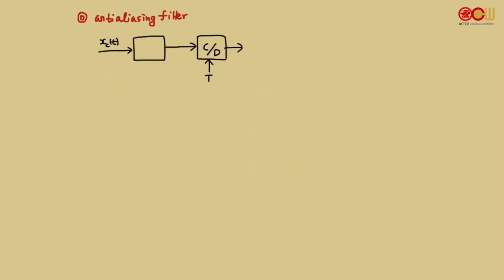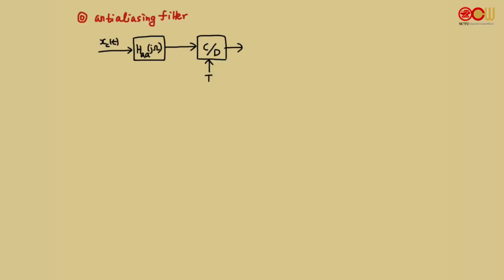Suppose we are given a C to D converter with the sampling period T, and we want to sample a signal xc. This xc may not satisfy the sampling theorem, so what we do is we first apply an anti-aliasing filter.